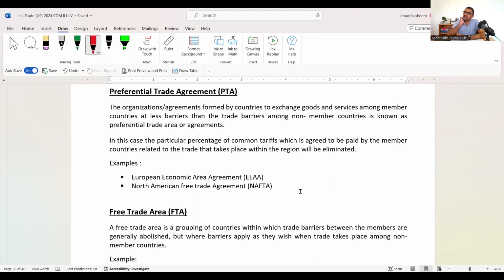So I've given some examples also. European Economic Area Agreement, North American Free Trade Agreement is an example. NAFTA is actually, they have changed it to USMCA.